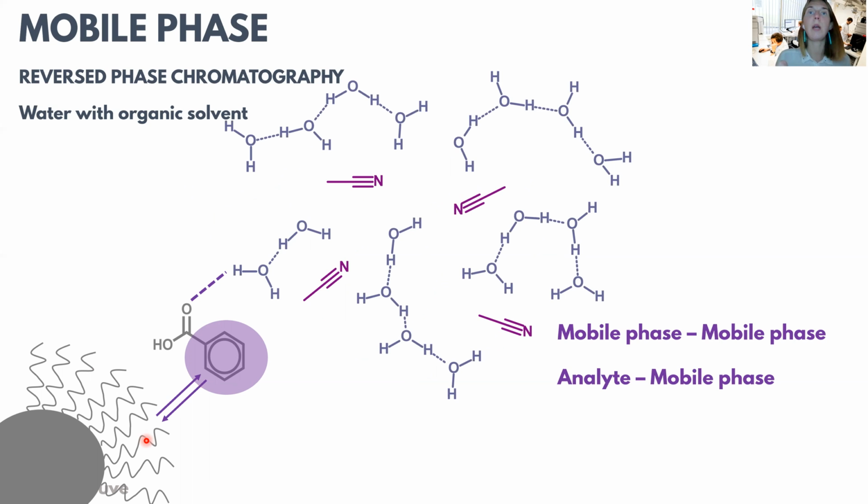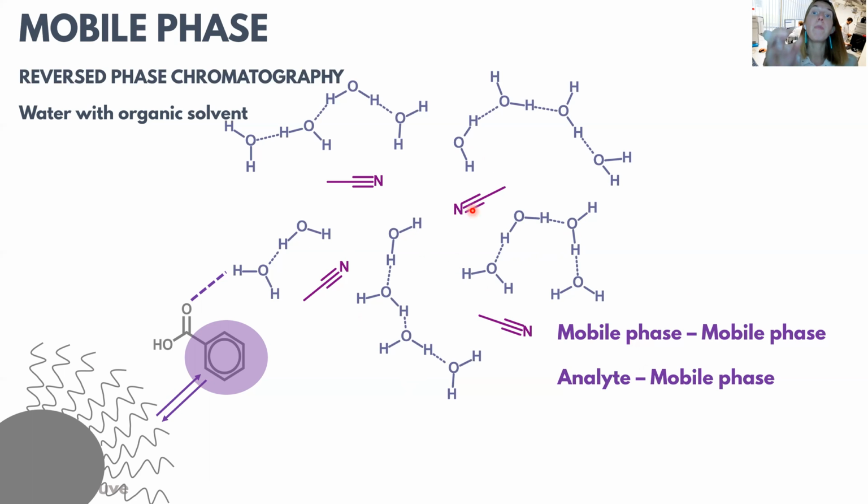So we need to do something to make the mobile phase a bit less interacting with itself, to make the mobile phase interactions weaker and to allow the analyte to actually move through the column. And to achieve this, we don't use pure water in reverse phase chromatography, but we mix it either with acetonitrile or with methanol.